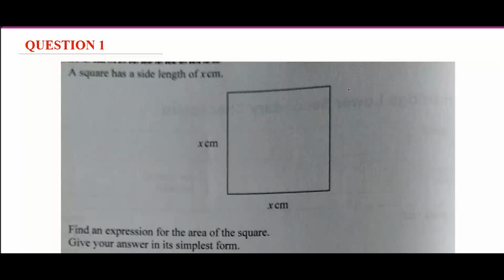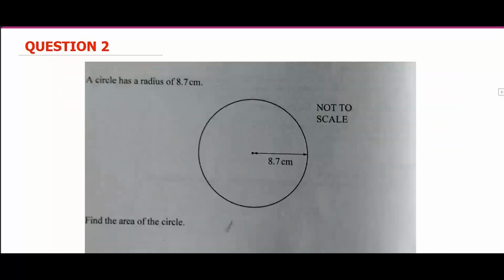You know that the formula for the area of a square is length times length, and in this case the length is x centimeters, so you put x multiplied by x, then the area will be x squared centimeters squared. So that is the area of the square.